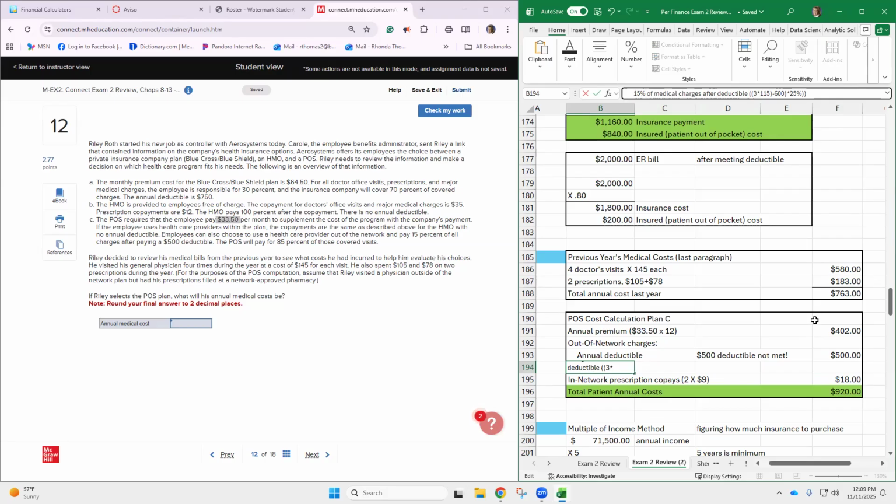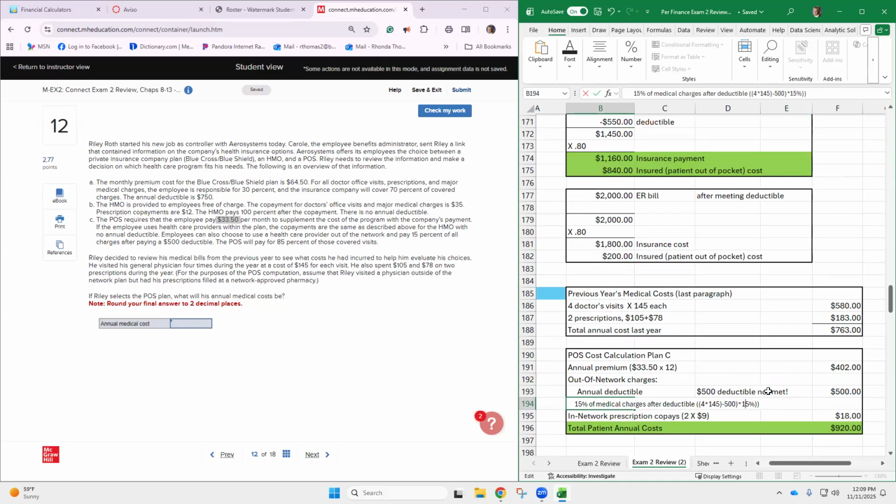So this $580 up here represents 4 visits. So I've got 4 visits times that 145. And then I'm going to subtract my deductible. And then I'm going to take the whole thing times 15%. Yikes.